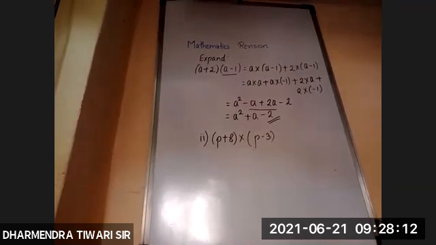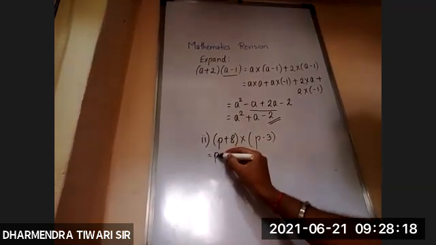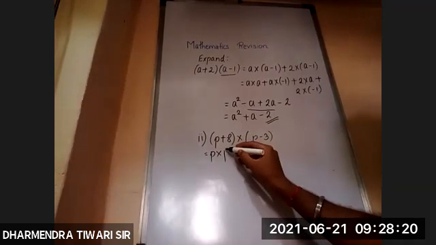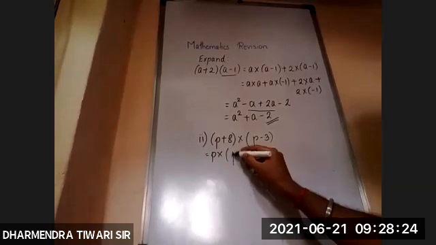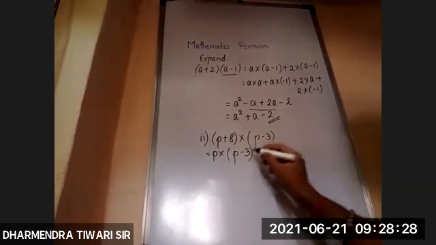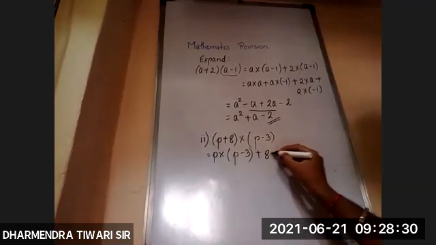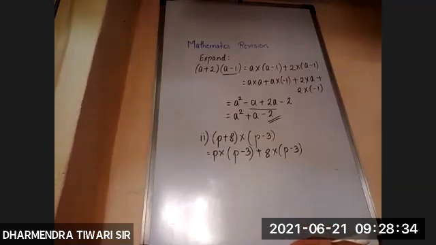Otherwise, we need to take the same steps. You can do it directly, or we will go stepwise. No problem. (p - 3) means first term into the second bracket plus second term into the second bracket.